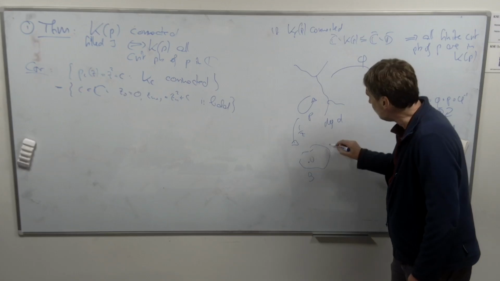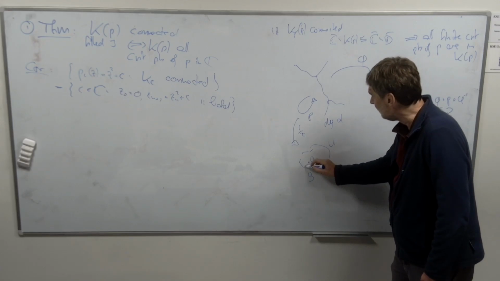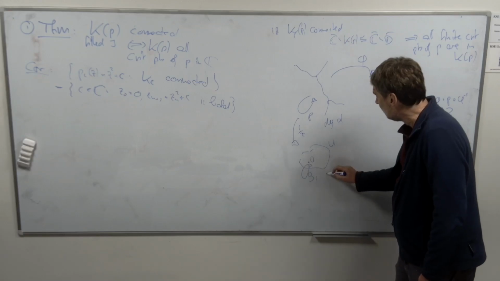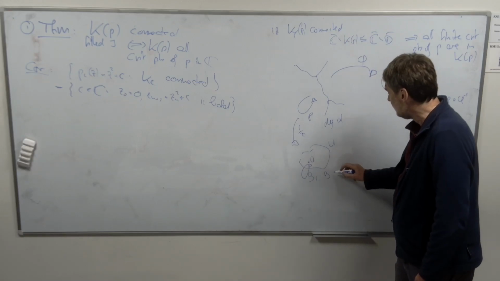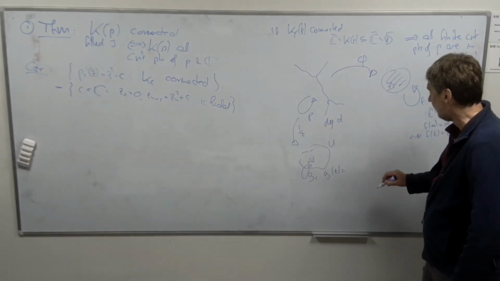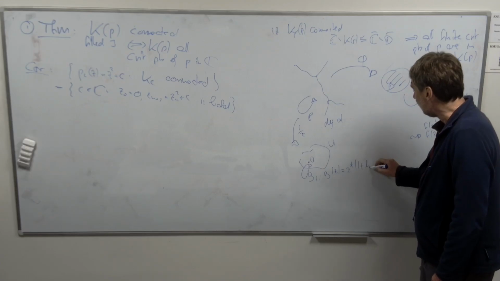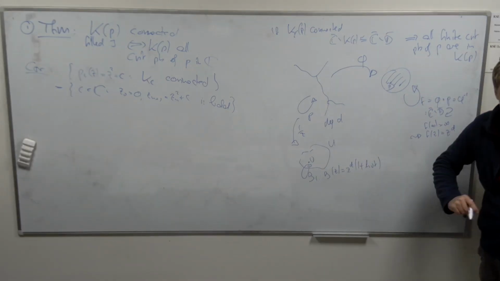Here is a neighborhood of 0, and G sends 0 to 0, and G of z equals z to the d times 1 plus higher order terms, something like this.